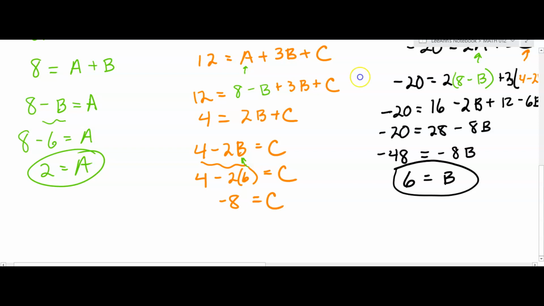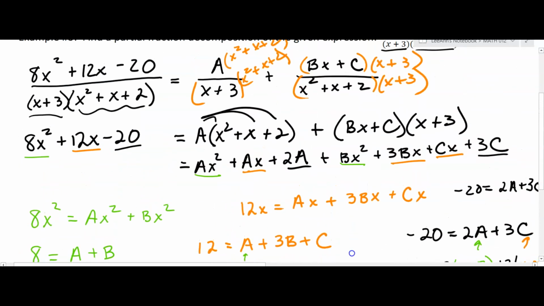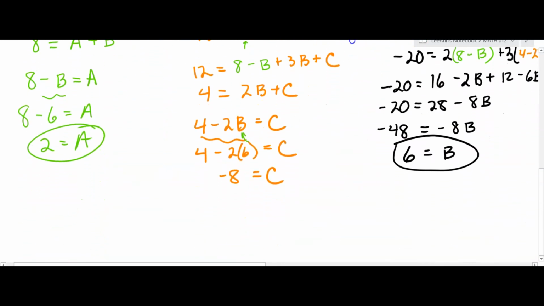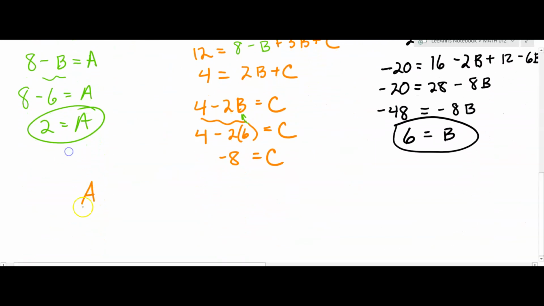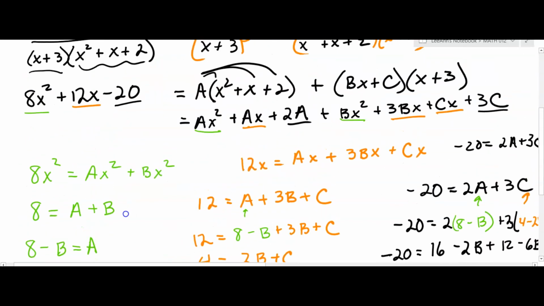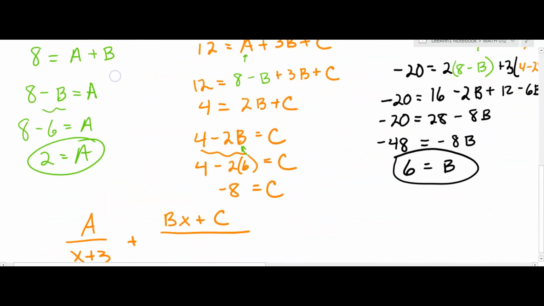Now I have to remember what the original setup was. So it was a over x plus 3 plus bx plus c over whatever that quadratic was. What was it? x squared plus x plus 2. Sorry.